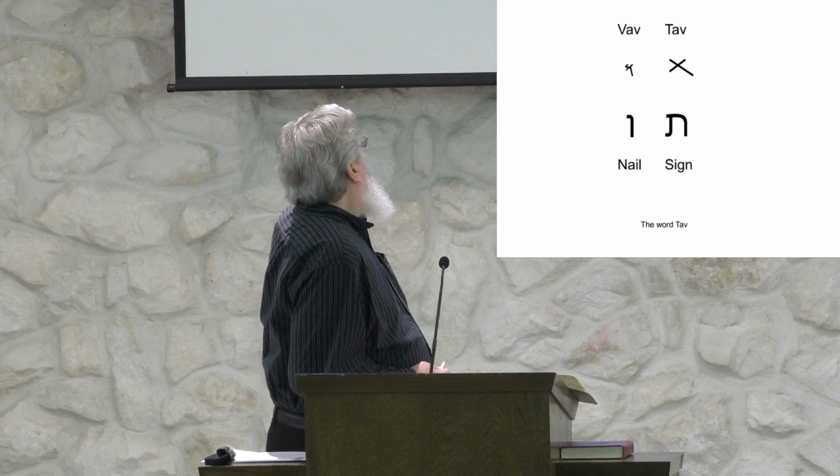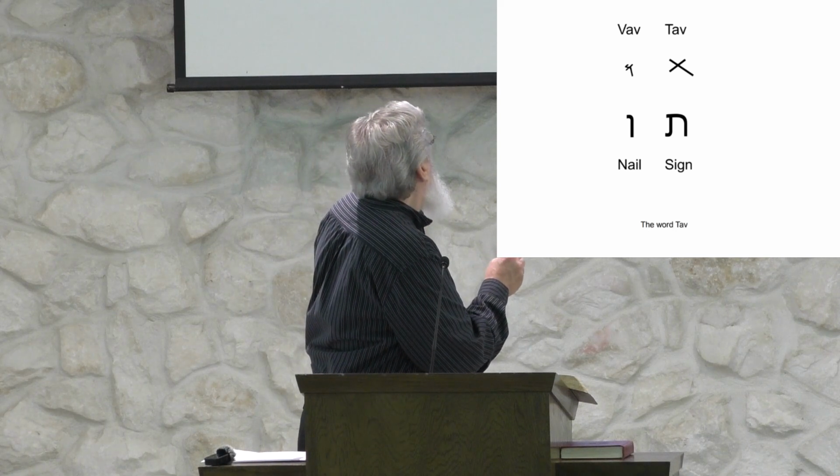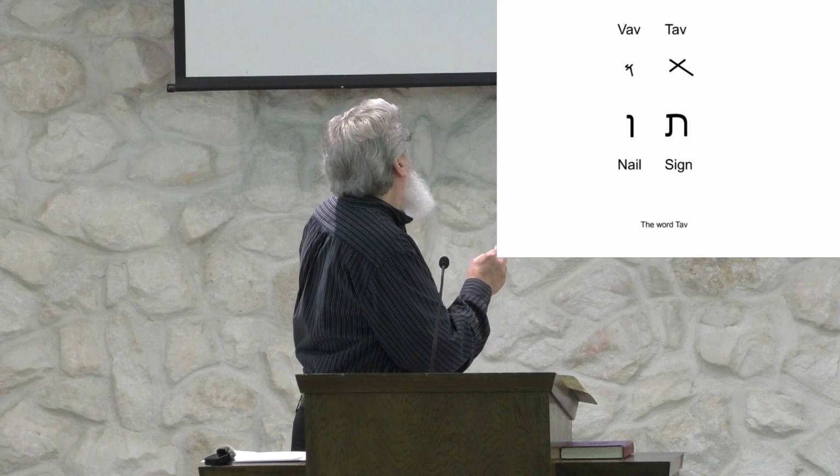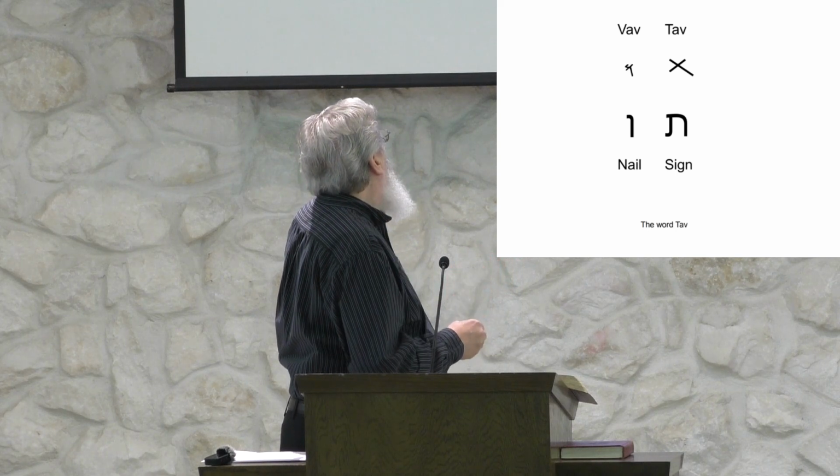It's a T, or Tav, with a cross, you can see up there. That's kind of the way most people write the ancient Tav. And then a Vav, which is a nail. And it's the word Tav, and it means a secured mark. It's a secured sign. If you want, the secured cross.